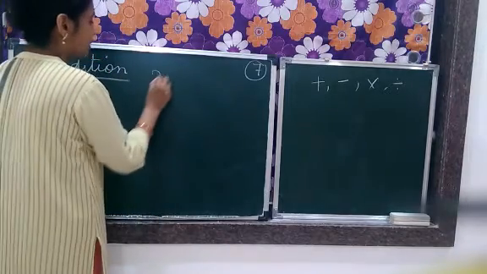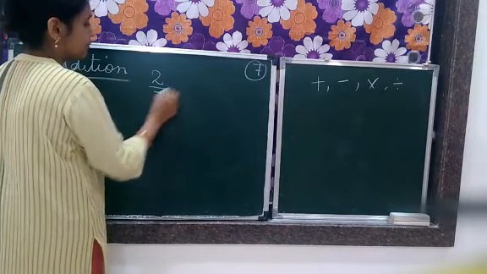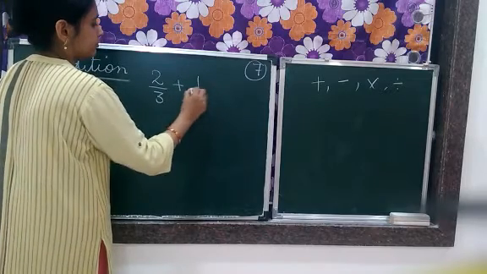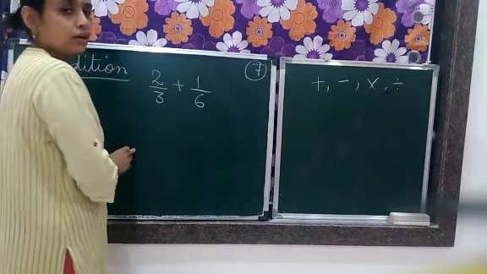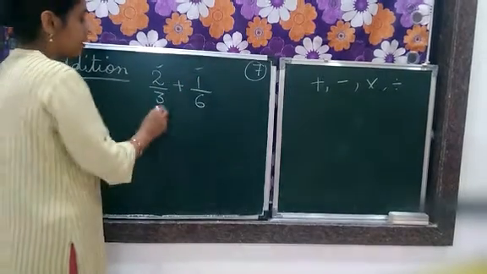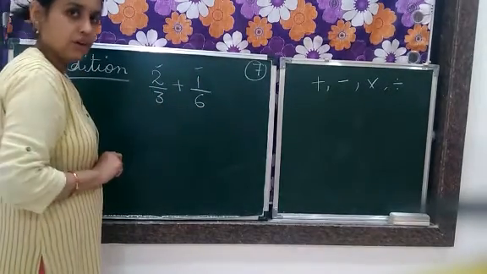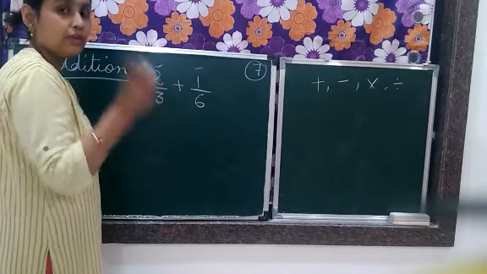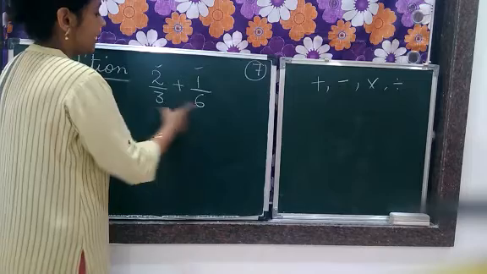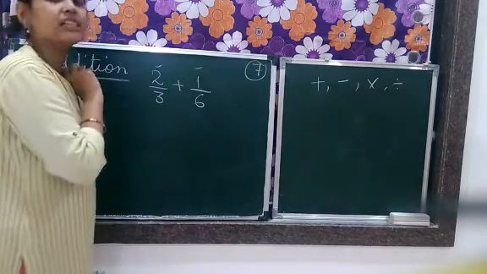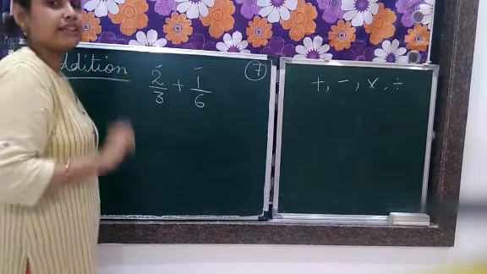Like for example, if this is the rational number, how do we add? We add the numerators and we take the denominator common. Now how are we going to take the denominator common? For taking the denominator common, you should have the same denominators, then only you can take them common.